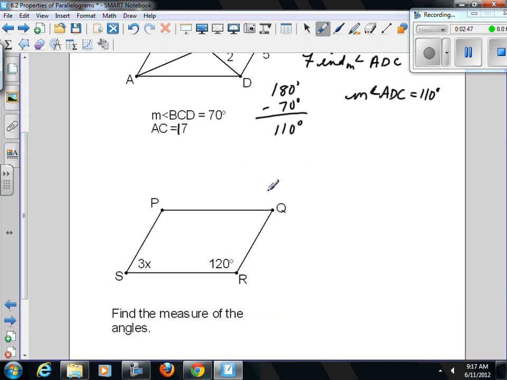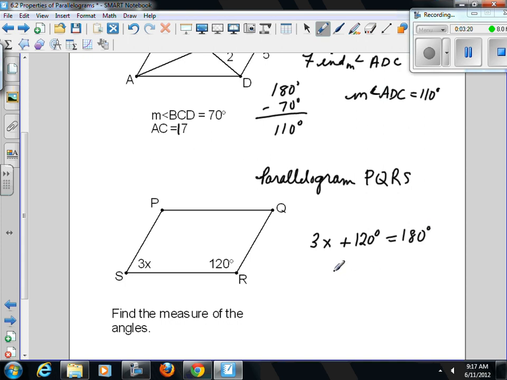Let's move on. I'm going to tell you that this is a parallelogram. And the way we would name that is parallelogram PQRS. And we'd like to find the measure of the angles. Well, since consecutive angles are supplementary, we know that the angle with 3x and the angle with 120 degrees, if we added them together, they would give us 180 degrees.